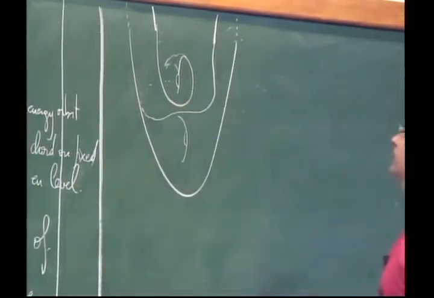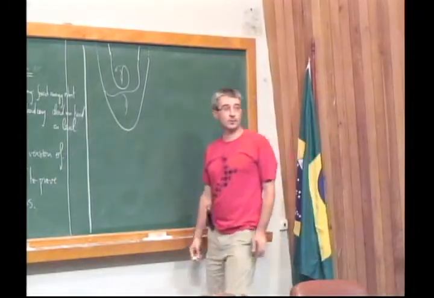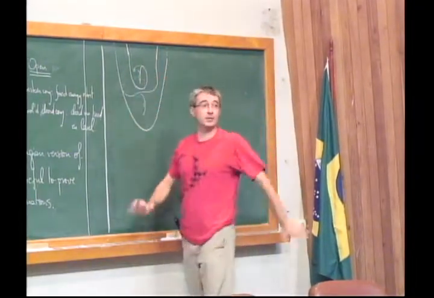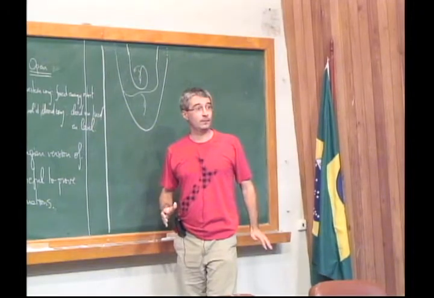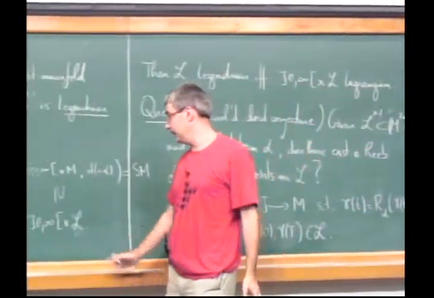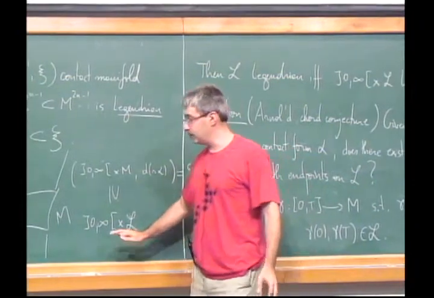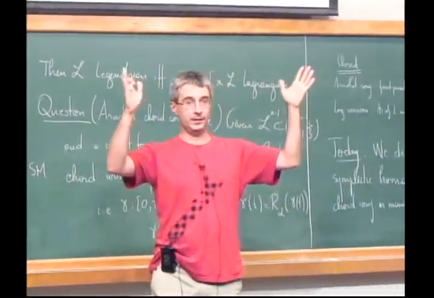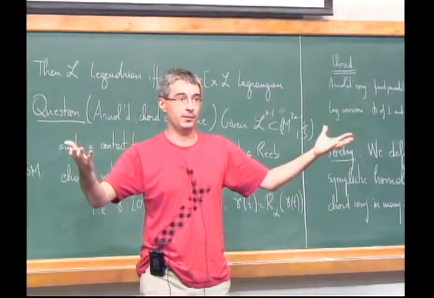I just told you that if a submanifold enters the symplectization part cylindrically, then the submanifold along which it intersects the boundary is going to be Legendrian.